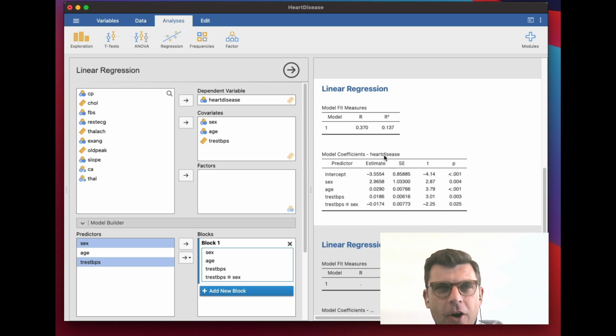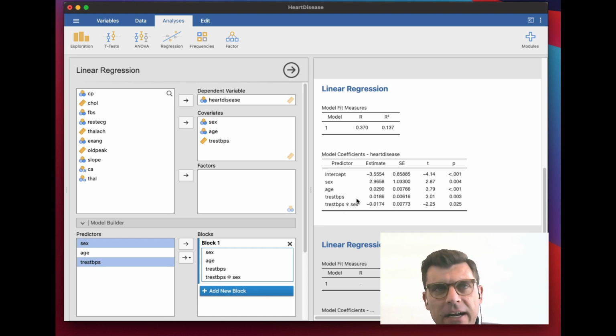we would predict the increase in your heart disease range to be 0.02. There's an effect associated with resting blood pressure of 0.0186. That means for every additional point in blood pressure, we would expect heart disease severity to go up by 0.0186.